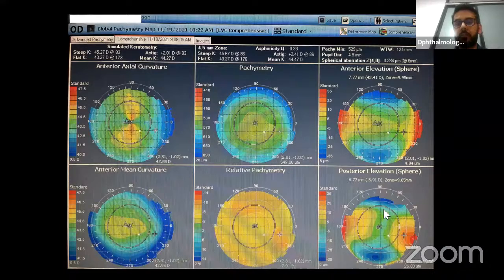Posterior elevation is again superiorly and inferiorly depressed, and the horizontal portion is again with the sphere. So this is basically a normal with the rule astigmatism.